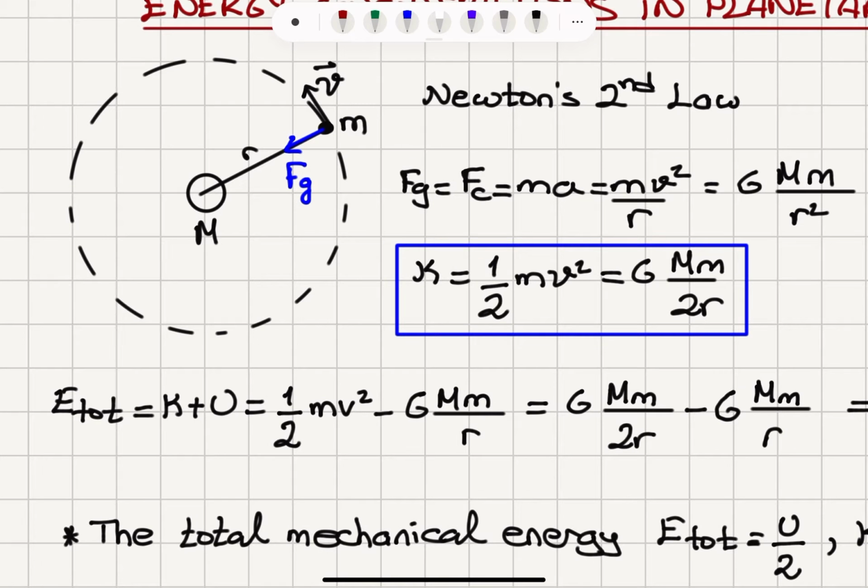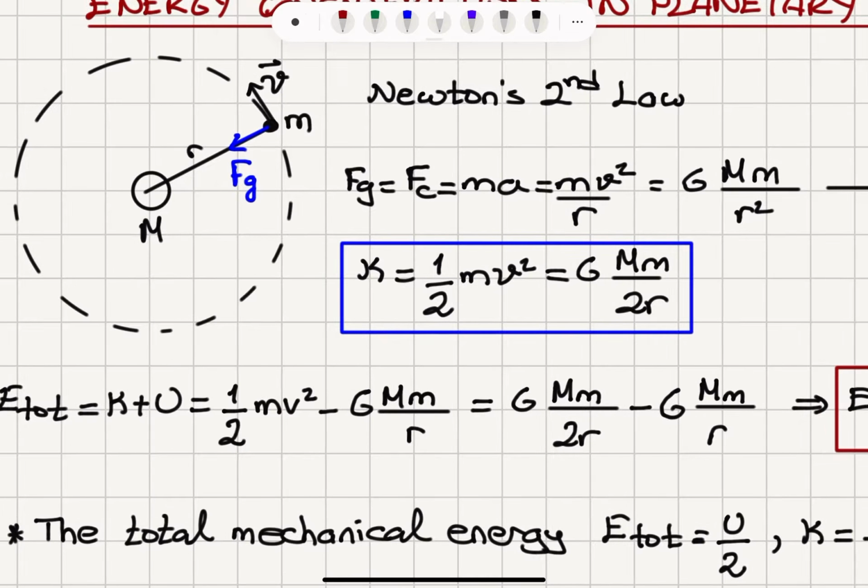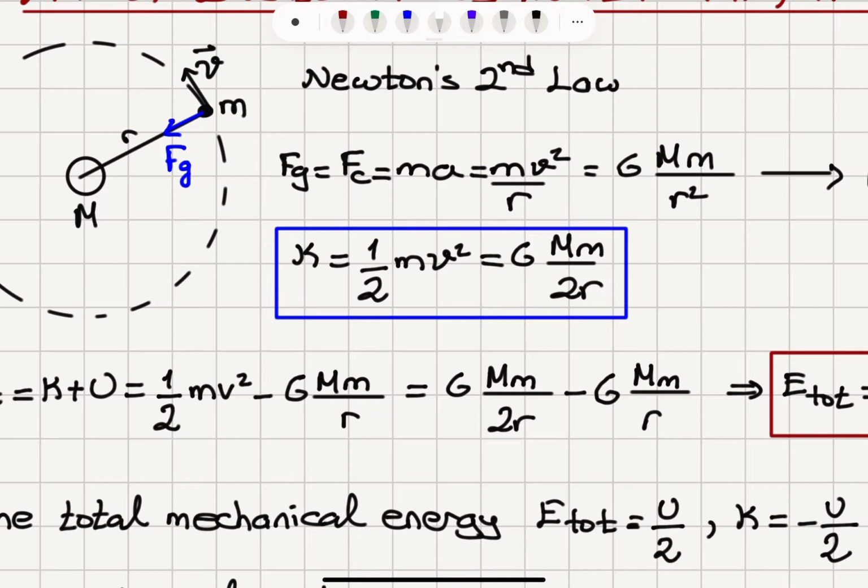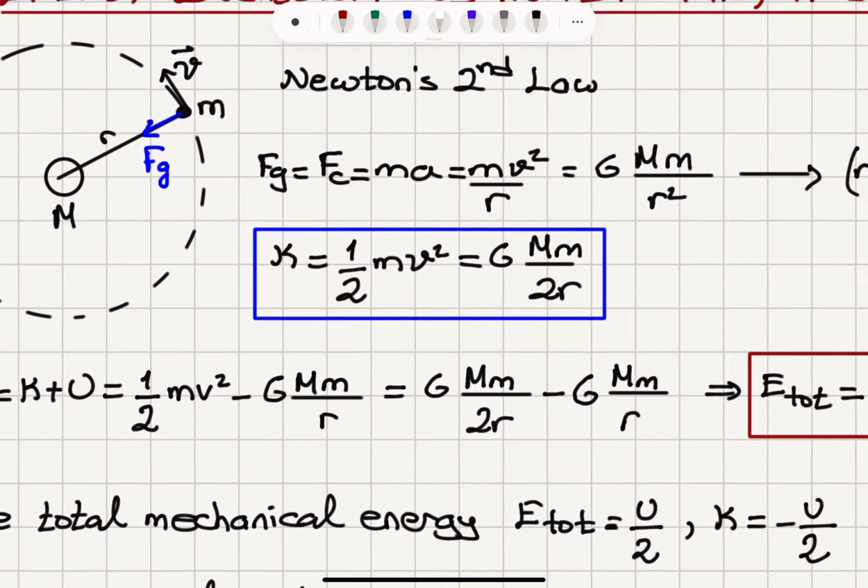Now, if I look at the total mechanical energy of this satellite, it will have a kinetic energy component plus a potential energy component. The kinetic energy is 1/2 mv squared. The gravitational potential energy is minus G, the product of the masses divided by r, as we have discussed in the previous lecture.